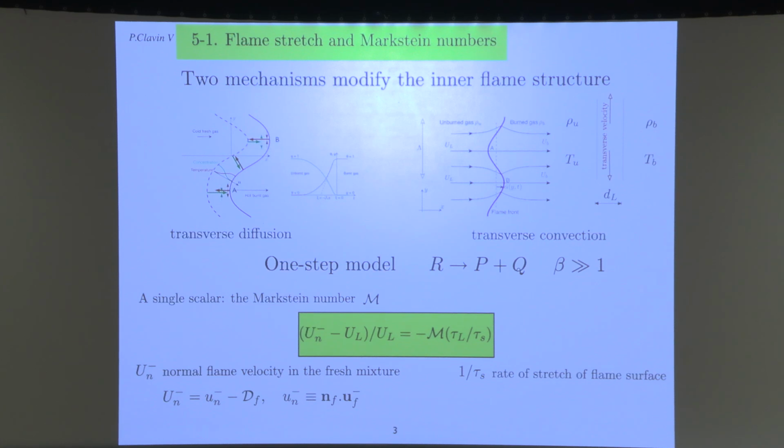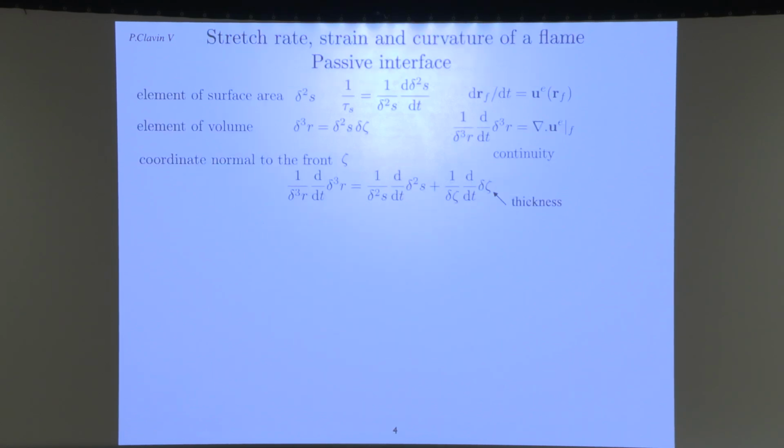We are going to find out that the normal burning velocity minus the laminar burning velocity in the planar case varies linearly, proportional to the strain rate, the rate of stretch of the flame surface.